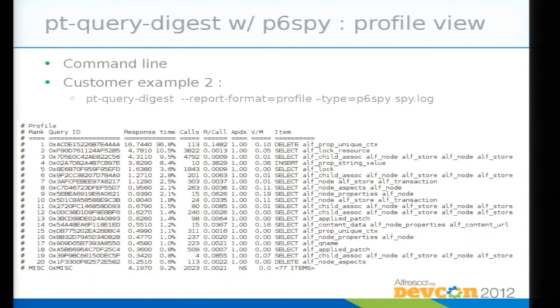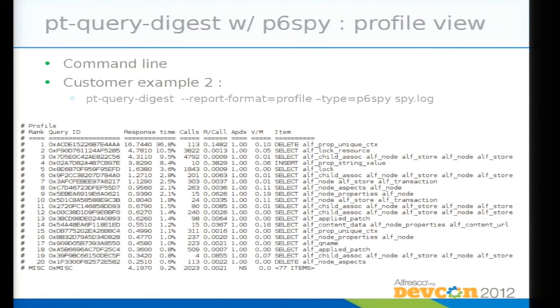So as you can see from a customer example, I don't know if the pointer works, but it doesn't matter. You can see the rank of the query in terms of response time overall for the duration of the test, the time in percentage that it represented for the whole test, the number of times this particular query is called, and the response time on average per call.